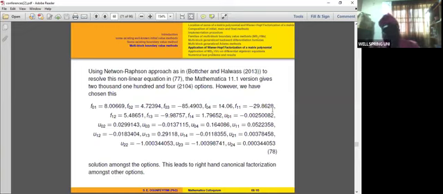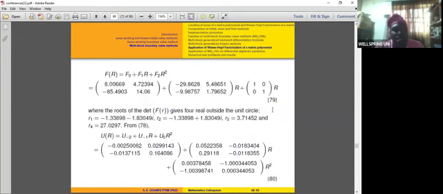When we solve that equation, we have 2,104 options. But out of these 2,104 options, I only pick one option, which I showcase in equation 78. This leads to the right-hand canonical factorization among other options.